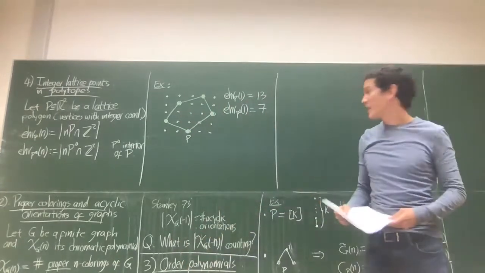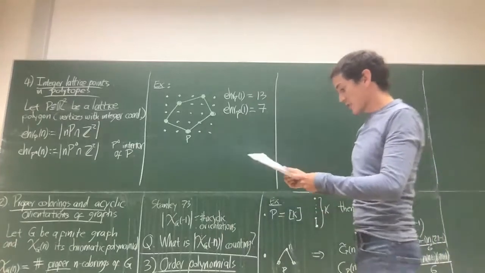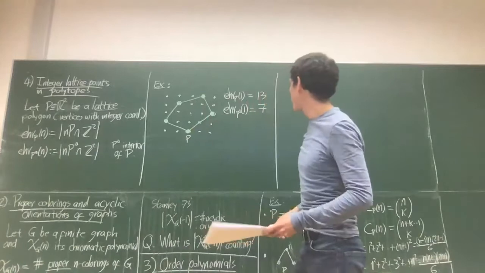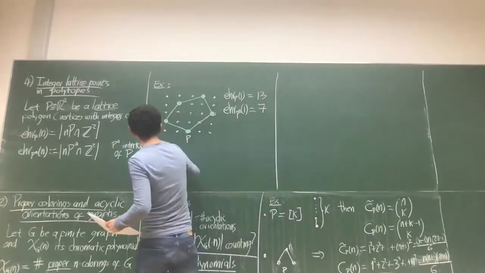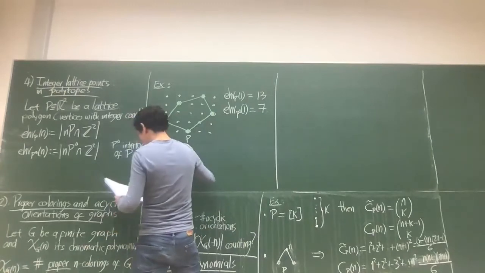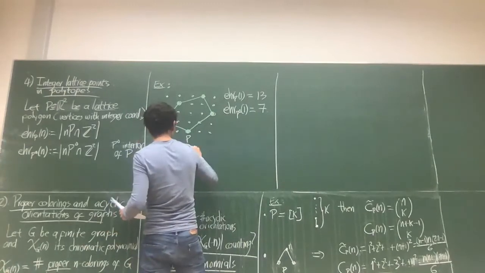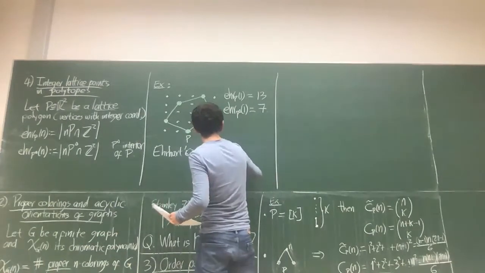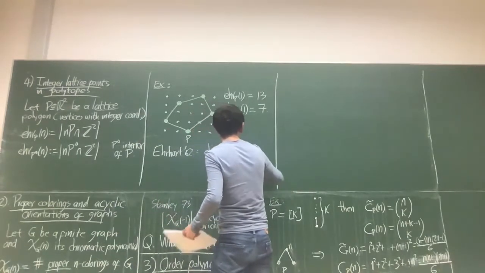Okay. And it turns out, I don't know if this is trivial for you, but this is not trivial for me, Ehrhart proved in '62 that this is a polynomial.